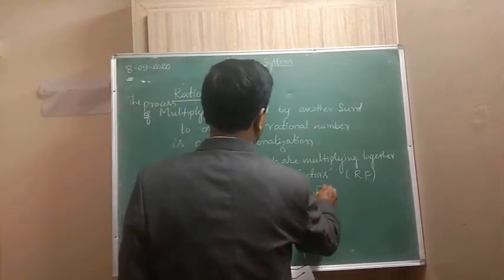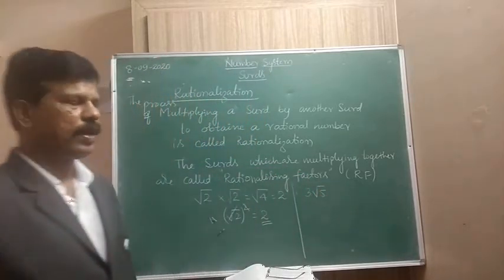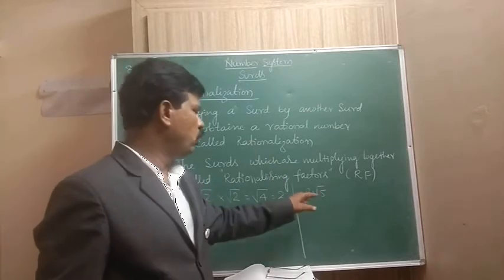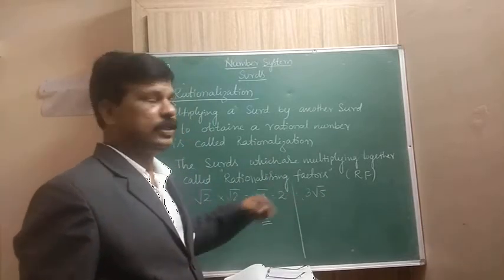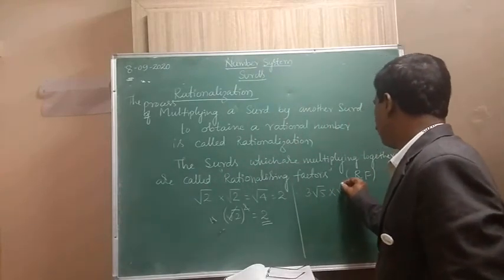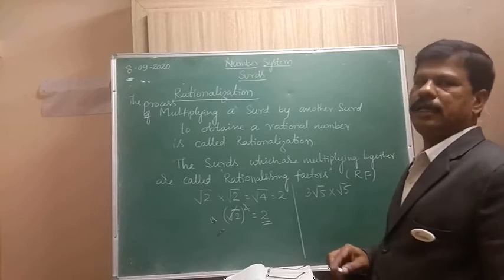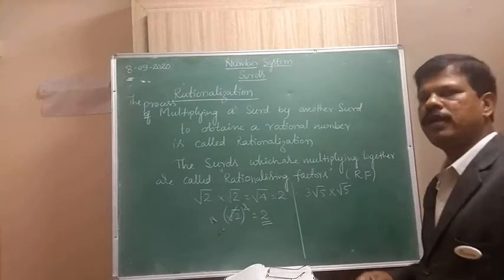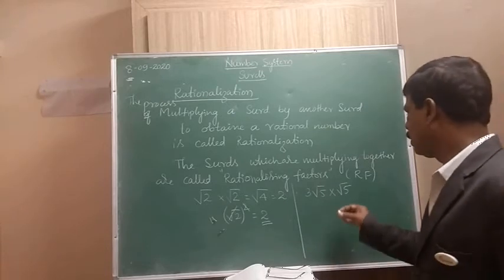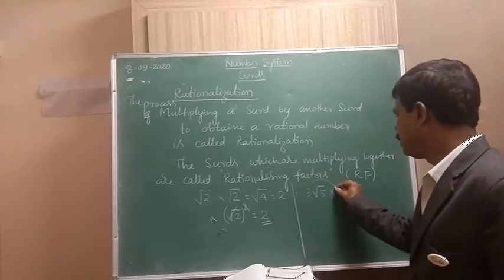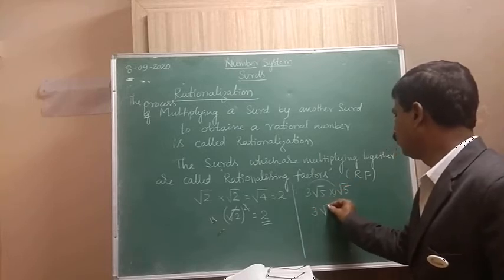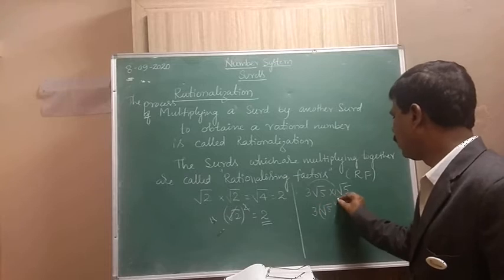Then let us take another one: 3 root 5. Here, the square root symbol is only for 5, so there is no need to take the coefficient. You can multiply this with root 5 only. Even if you multiply with 3 root 5, nothing is wrong; you will still get a rational number. So 3 ones are 3, then root 5 whole square.